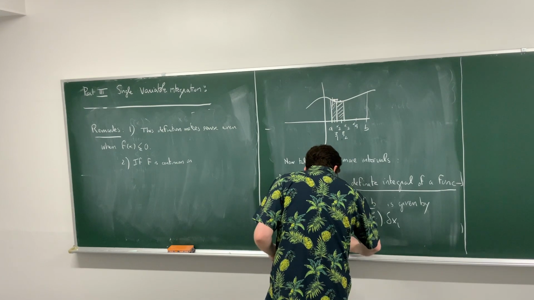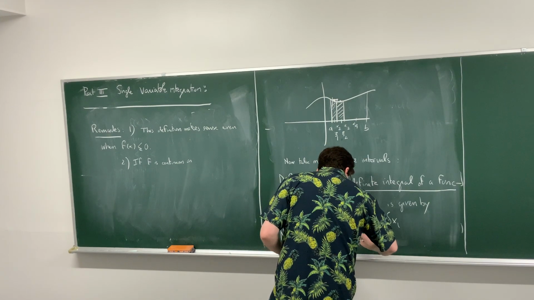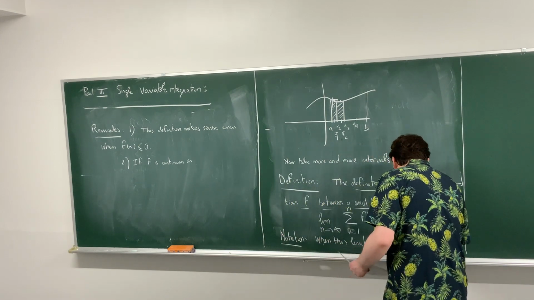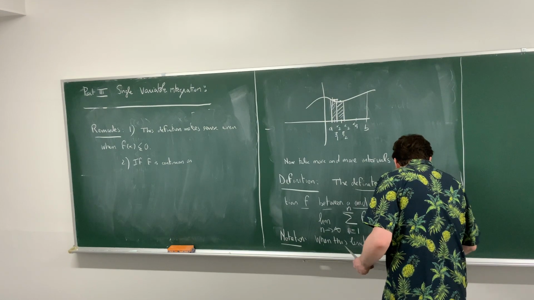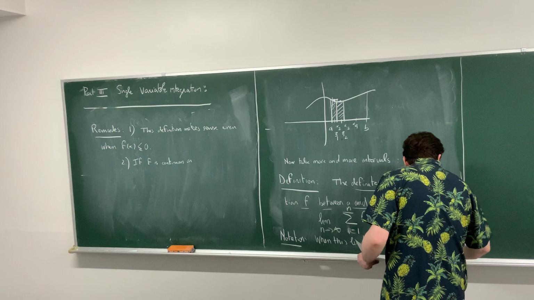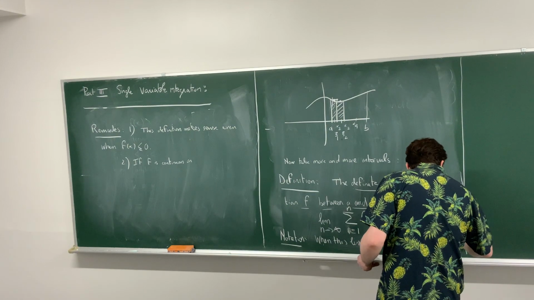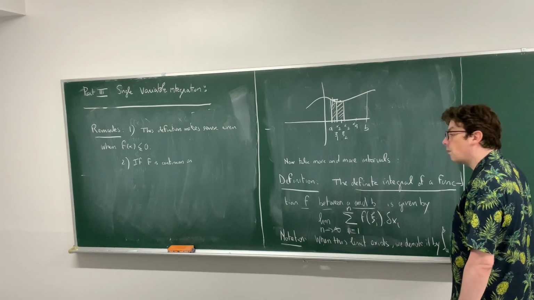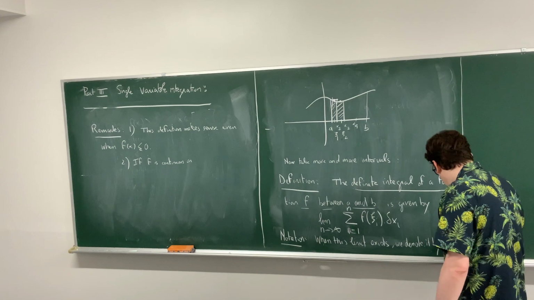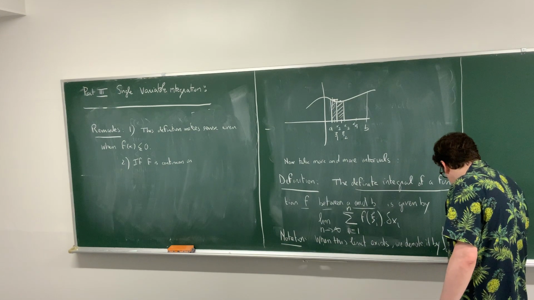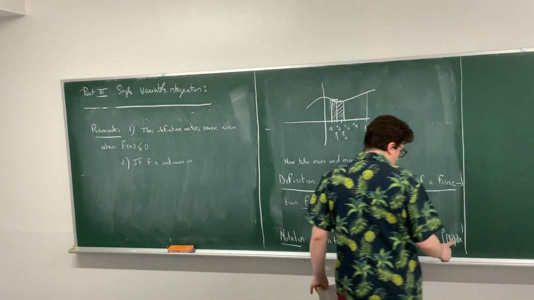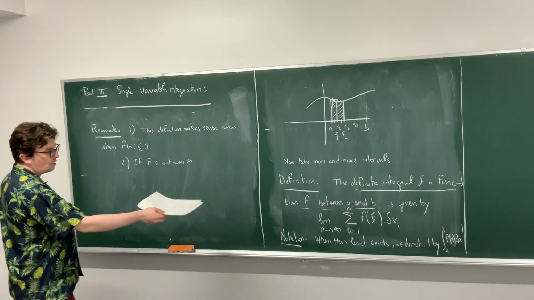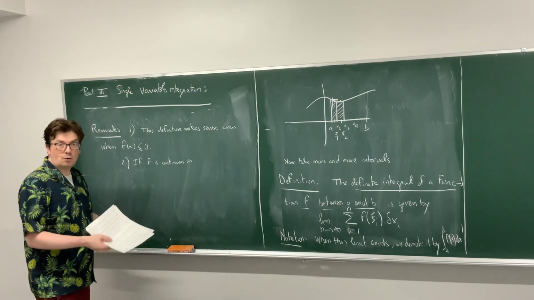When this limit exists, we denote it by the integral. This symbol is a kind of S, a long S. Here you write the bounds of your interval, a and b, f of x dx. It's purely a notation, okay? It just means this. When it exists, because it's a limit, you know that a limit does not necessarily always exist.